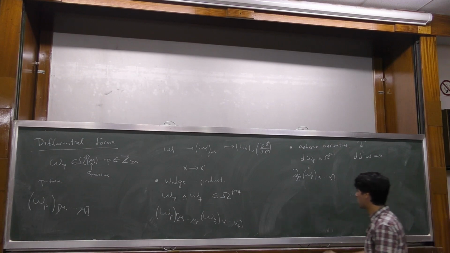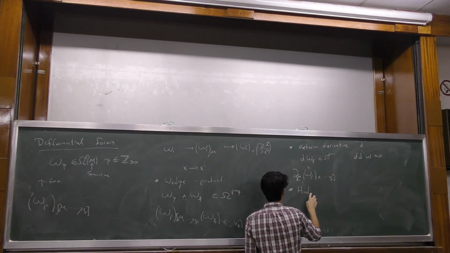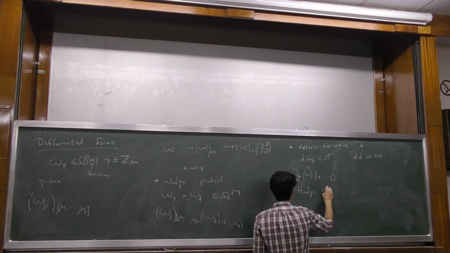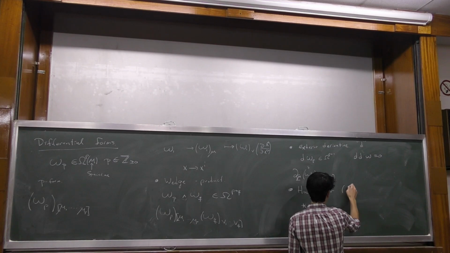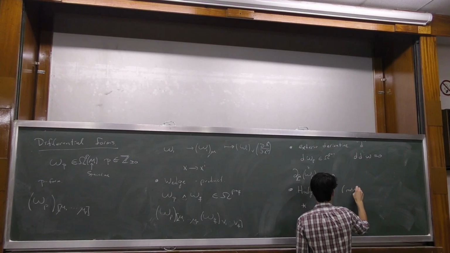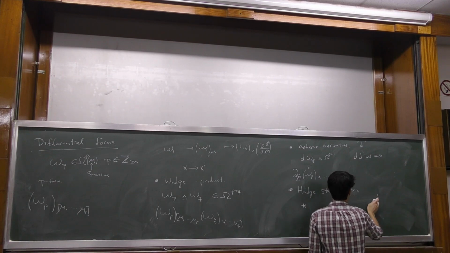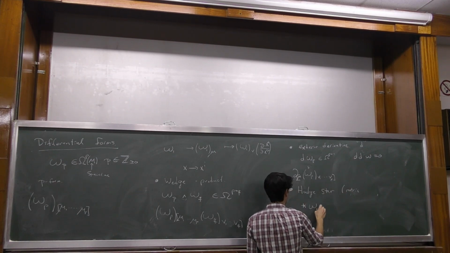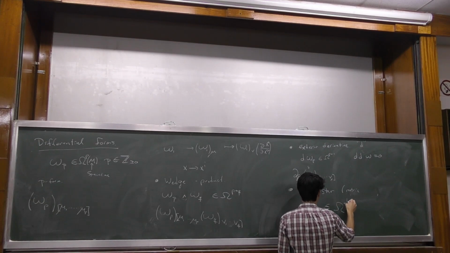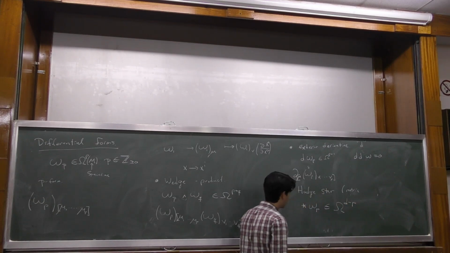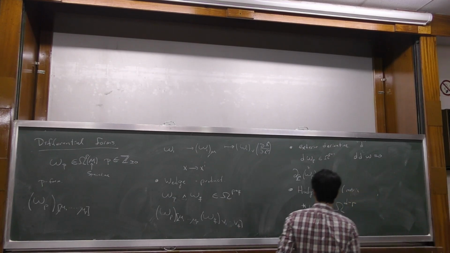Okay, there's also an operation called the Hodge star. So this depends on the metric. And so it takes a p form to a d minus p form. And there's a formula that relates the two.